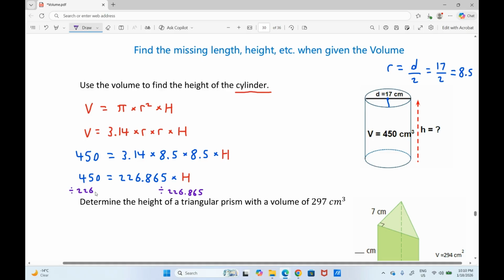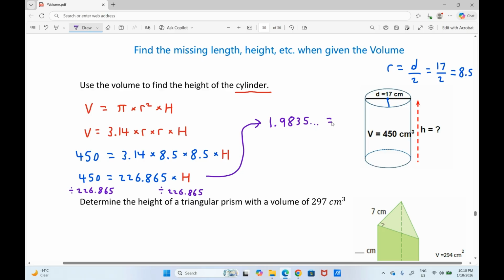So I'm going to do that now. Okay, great. Now, 450 divided by 226.865 is going to be equal to 1.9835 dot dot dot. It continues on forever.